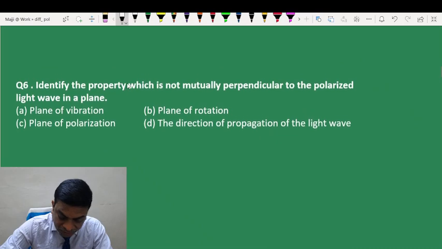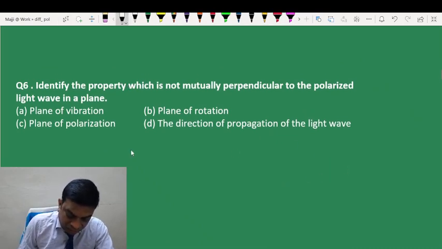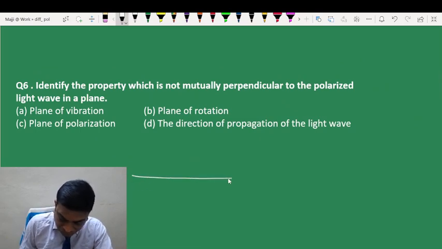Identify the property which is not mutually perpendicular to the polarized light wave in a plane. Now suppose this is x-axis, this is y-axis, and this is z-axis.